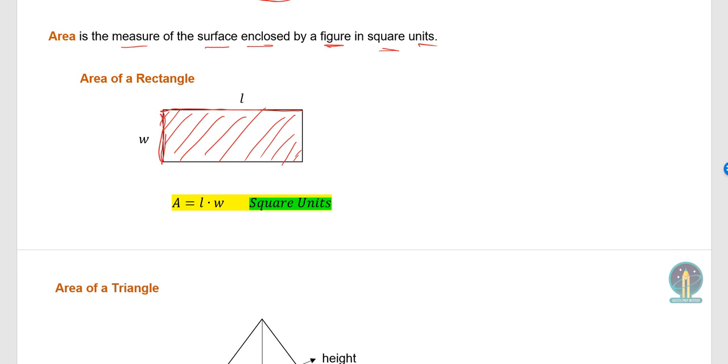The boundaries of this rectangle are enclosing this area inside, and this area inside is measured in square units. For a rectangle, area is simply the length times the width. So you take this one line of length, and then you multiply it by the width going down, such that you get the coverage of this enclosed surface.